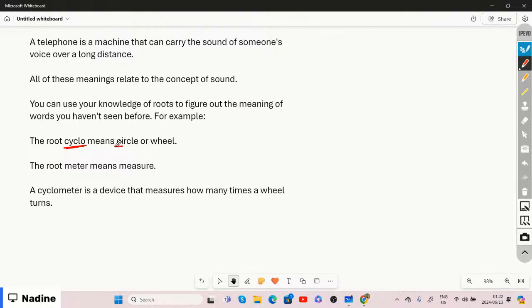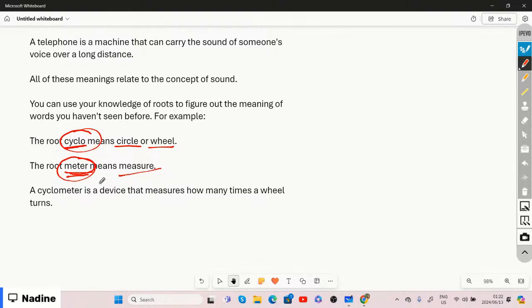Cyclo means either circle or wheel, right? So the root cyclo either means circle or it means wheel. For example, if we look at the root meter also, here's another one. Meter means measure, right? So the root meter means measure.